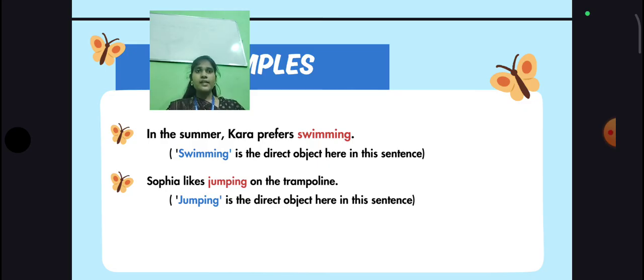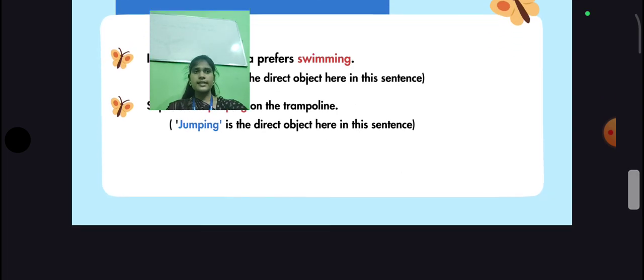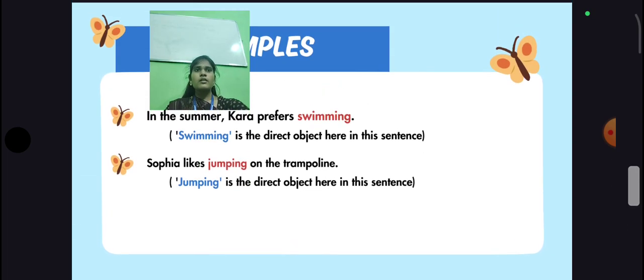Sophia likes jumping on the trampoline. So jumping is a direct object in this sentence. The answer to the question what comes under direct object, and when it answers the question whom, it comes under indirect object.